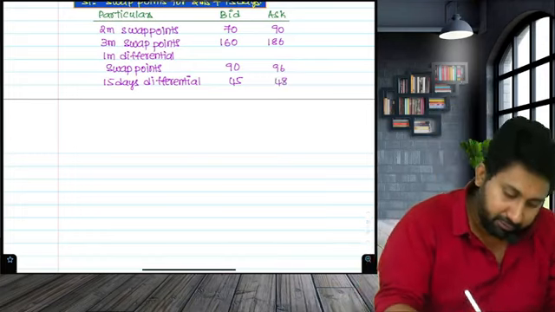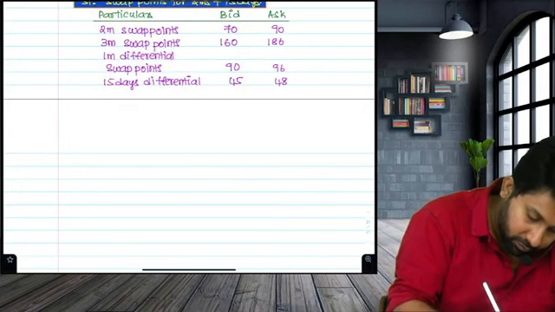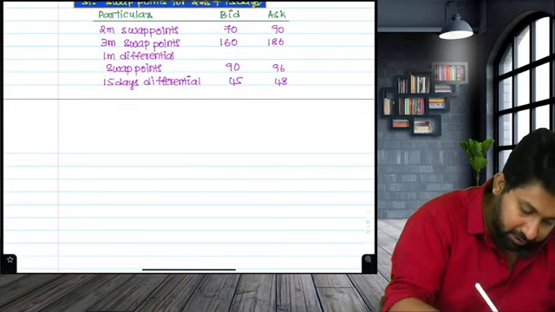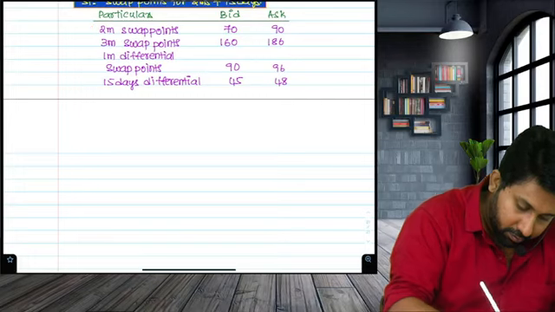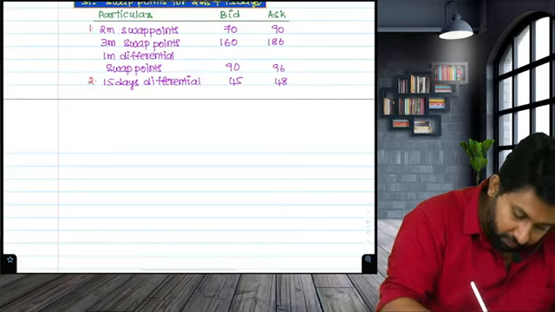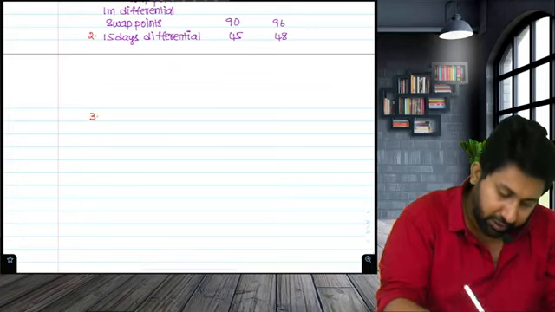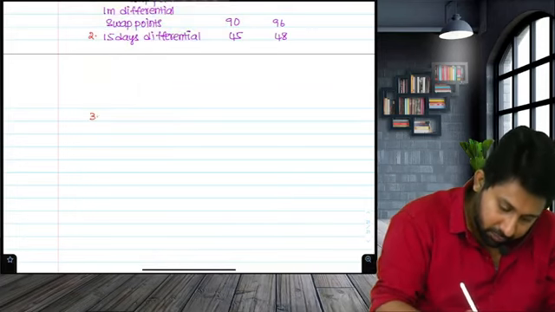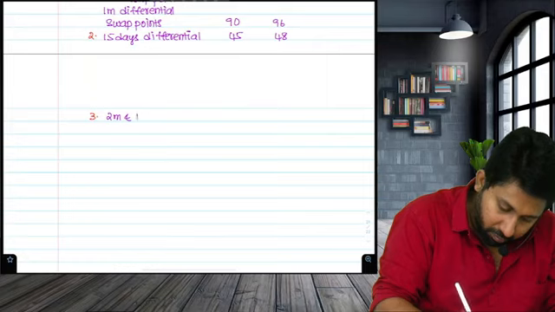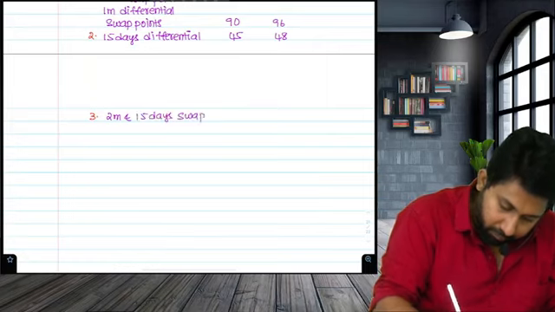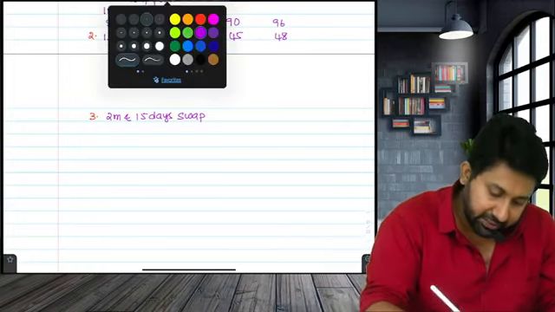So we have 2 months swap, and we have additional 15 days swap. Now the third one, two months and 15 days swap.